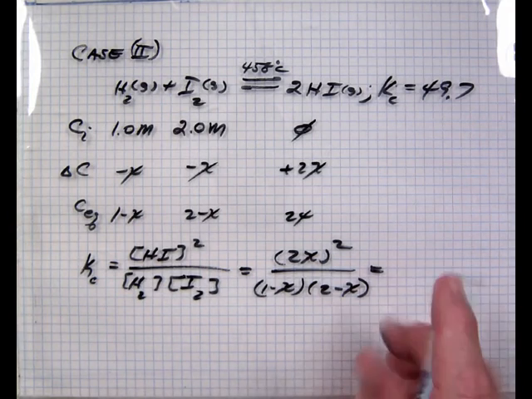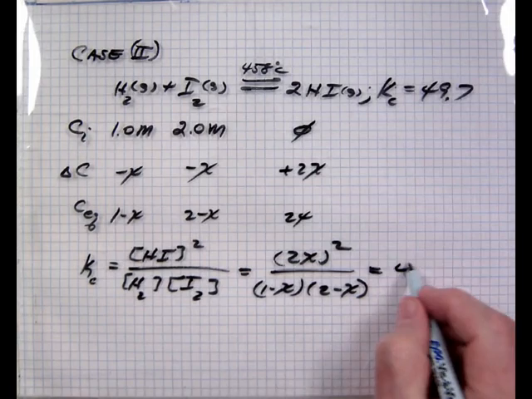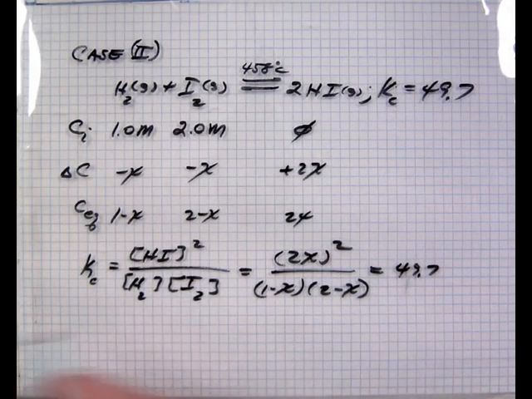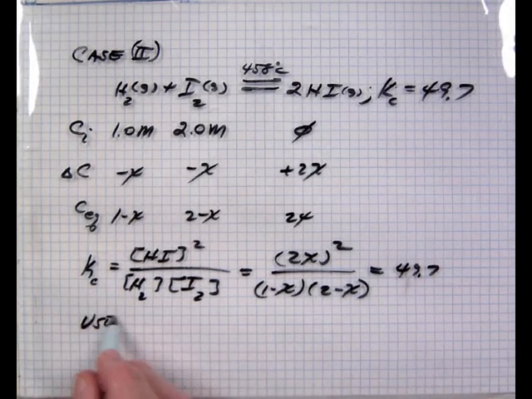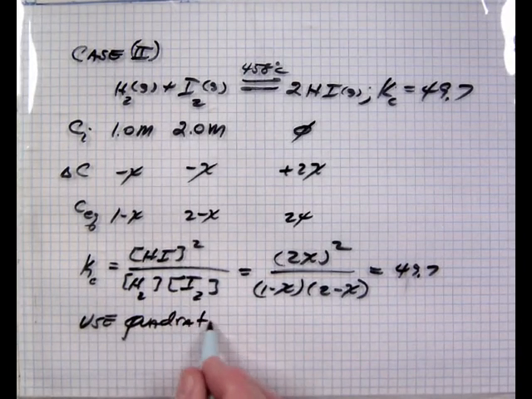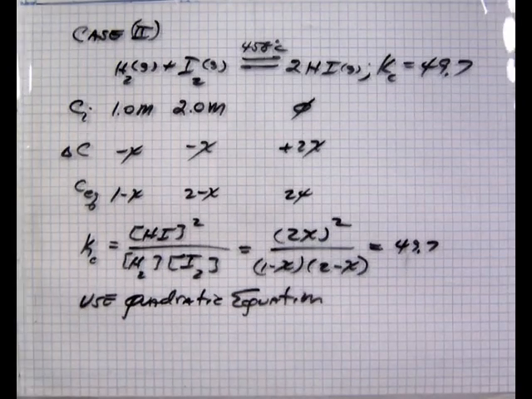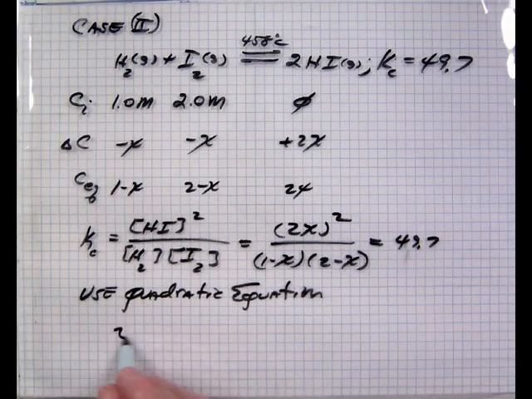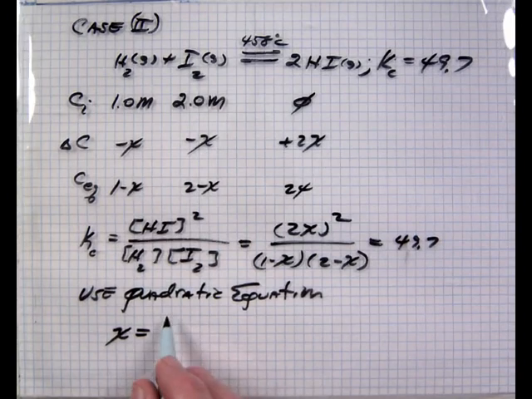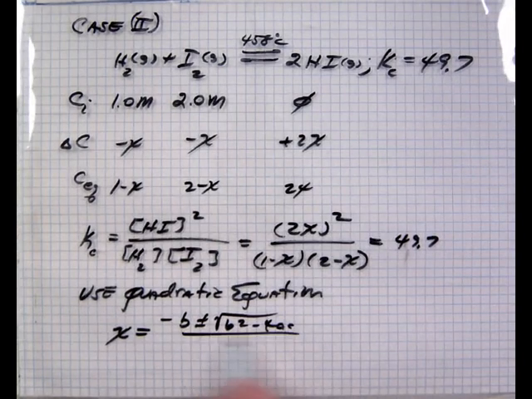You have to use, well, the K value is given, 49.7, solve for x. You have to use the quadratic equation. And of course that's x equals minus b plus or minus the square root of b squared minus 4ac over 2a.